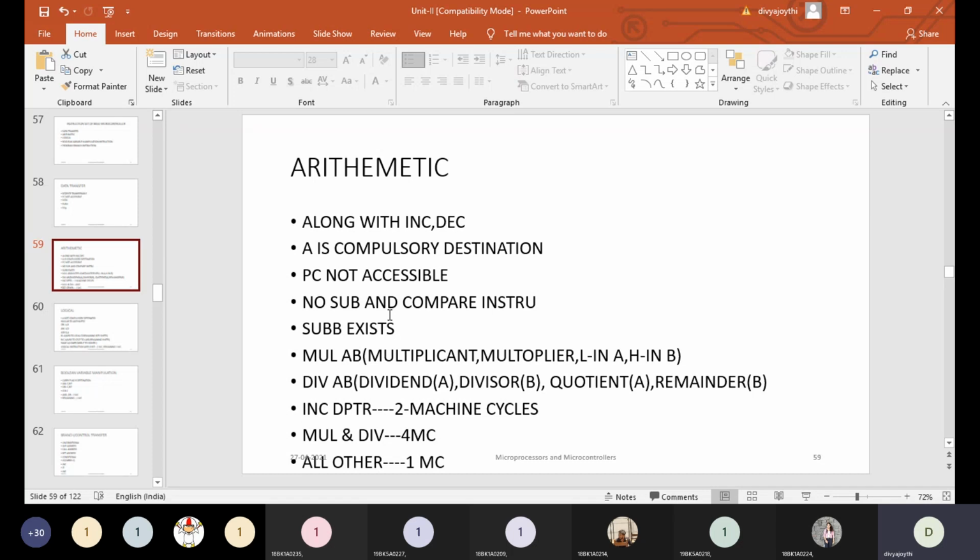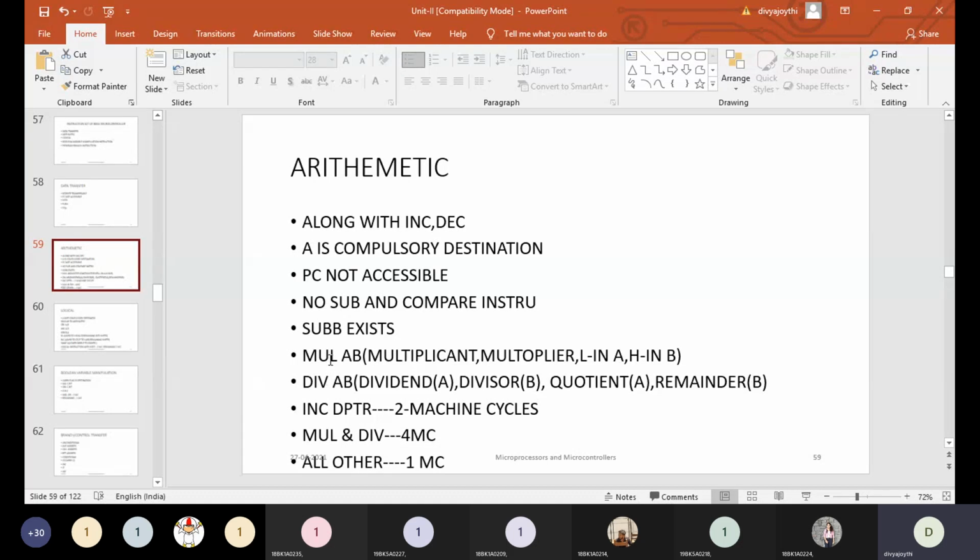And here I have listed a few things. See here, I have taken two examples, MUL AB and DIV AB. If you observe, I have written a statement like A is the compulsory destination. That means the accumulator must be the destination register. In these two examples, immediately after my mnemonic, I have mentioned A. Here the mnemonic is multiplication, here it is division.